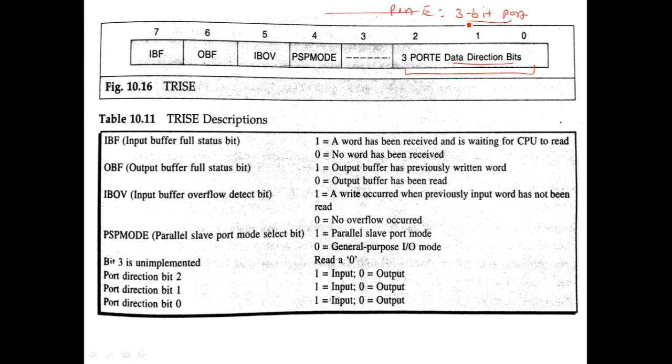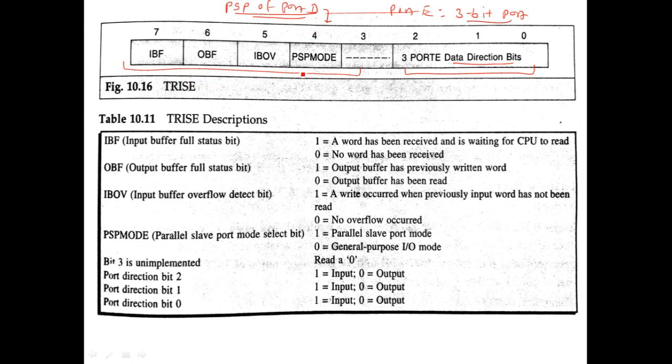So to configure each of these bits as an input or output, these bits are used as TRIS-E bits. This is the normal function of the TRIS-E register. Now the remaining bits, as you can see here, are used for the PSP mode of operation of port D.